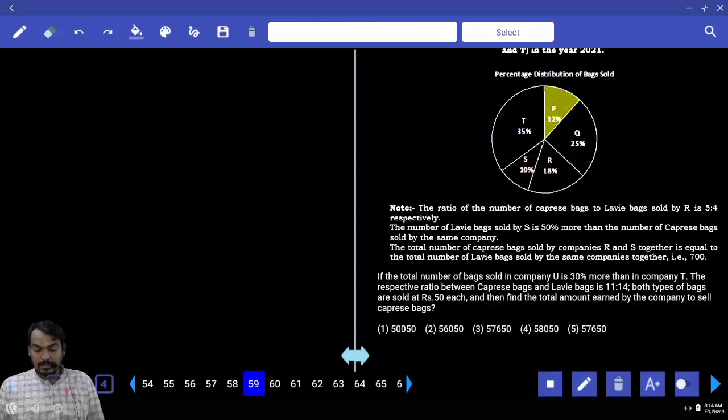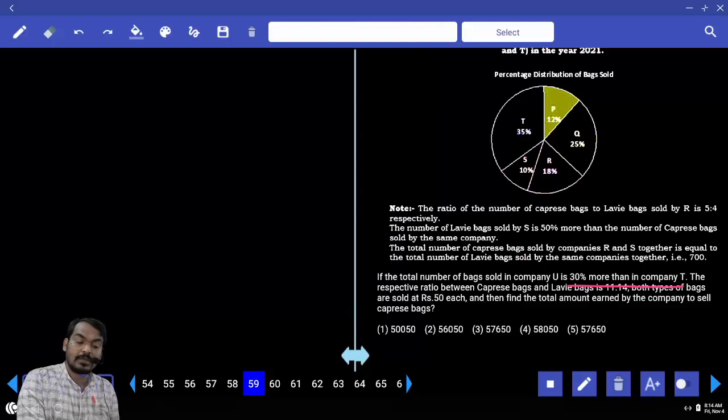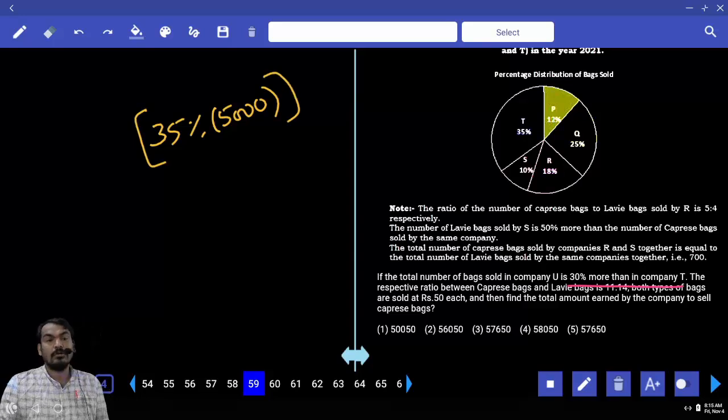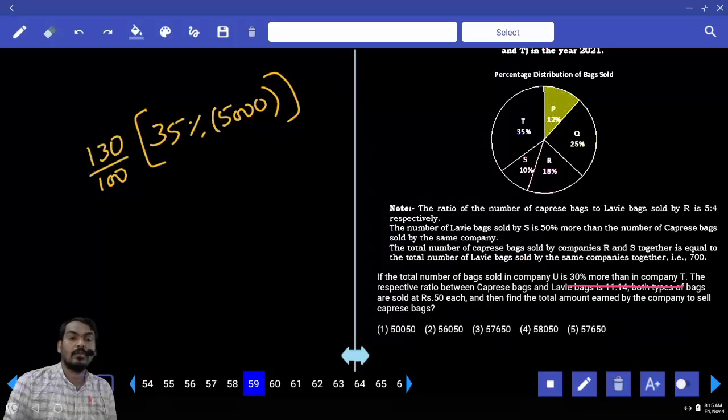First, total bags sold by company U is 30% more than which one? T. What is the T percentage? 35%. 35% of which one? 5000. That is company T's selling value. Company U's value compared to company T's is how much percent more? 30% more, so we require 130%.